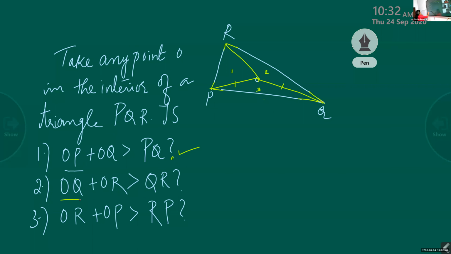Next question. OQ plus OR. Where is OQ? OQ plus OR, these two sides. Sum of these two sides is greater than QR. Is it true?